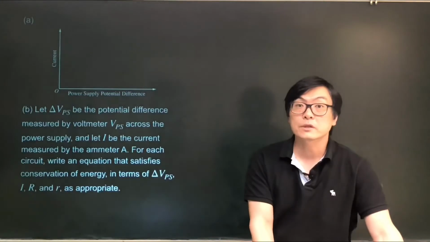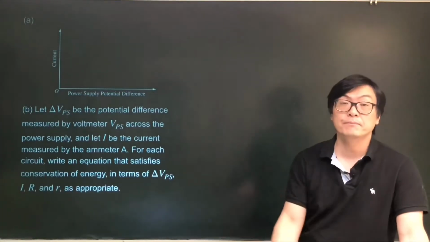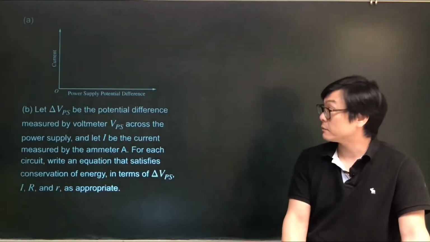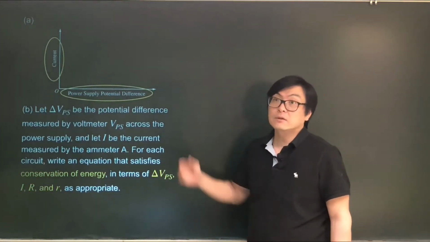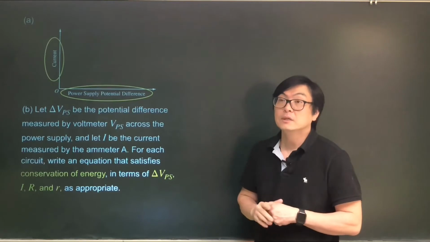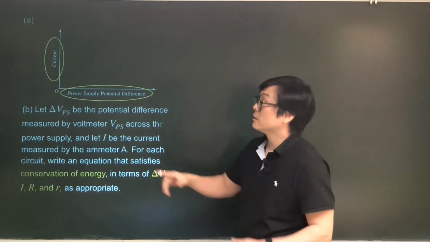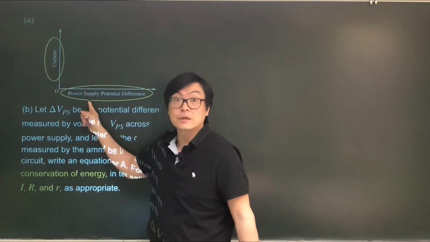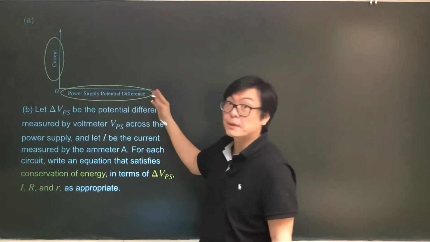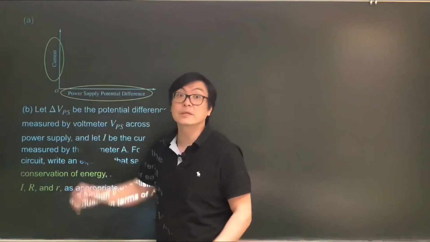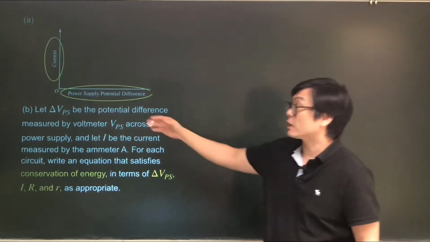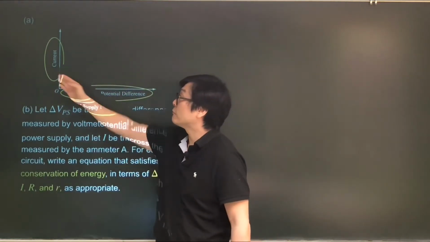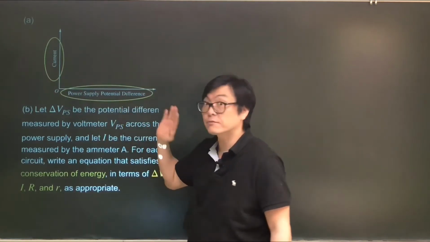Now, what is the important thing for A and B here? Okay, did you find out? Whenever you have anything related to a graph, the most important thing is what the variables are. What is the independent variable and dependent variable for that graph, with their units as well. So you have to check what kind of variables are there. I have current and potential difference here.